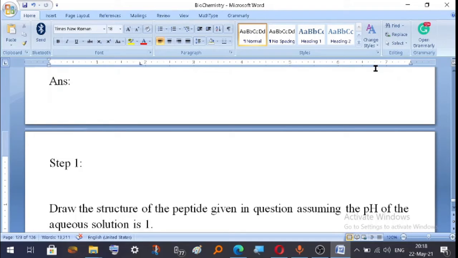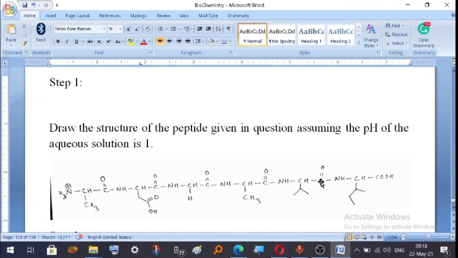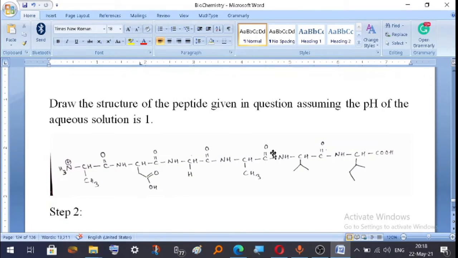The first step is to draw the structure of the peptide given in the question. And make sure that the structure is drawn at pH 1. Therefore, most of the functional groups of the peptide should be in protonated state. Like you can see, the amino group of the alanine is protonated, the carboxylic group of the aspartic acid is also protonated, and the carboxylic group of the isoleucine is also protonated.